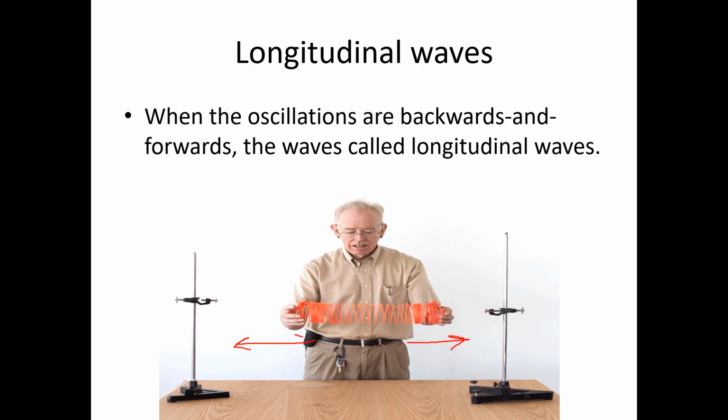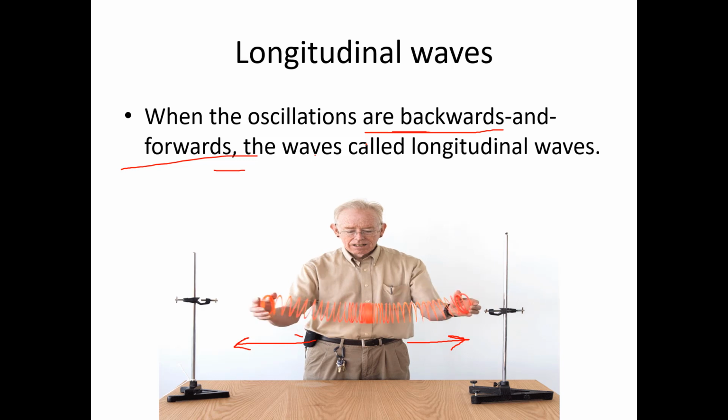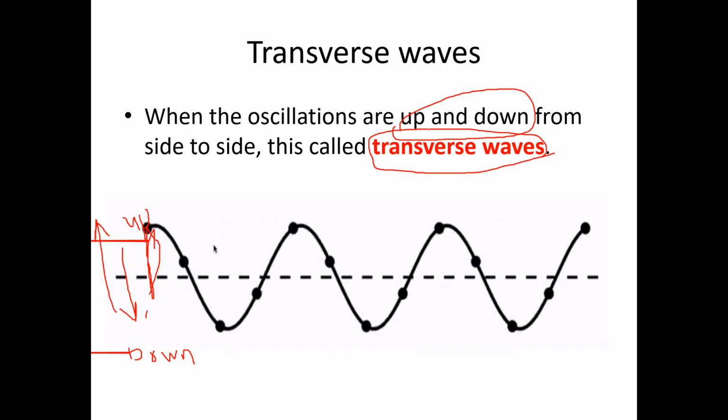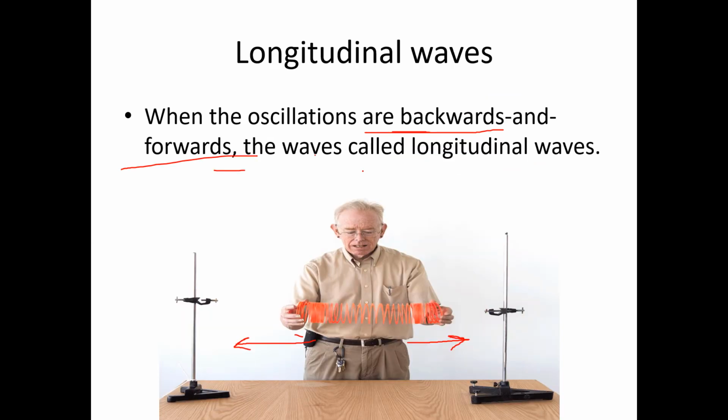So when the oscillations are backwards and forwards, the waves are called longitudinal waves. Again, a quick review. Transverse and longitudinal waves, two types of waves. In transverse, the oscillations are moving up and down, but in longitudinal waves, they are moving backwards and forwards.